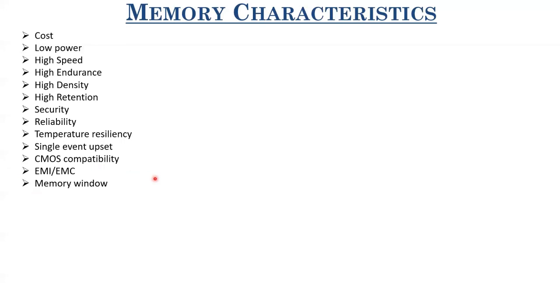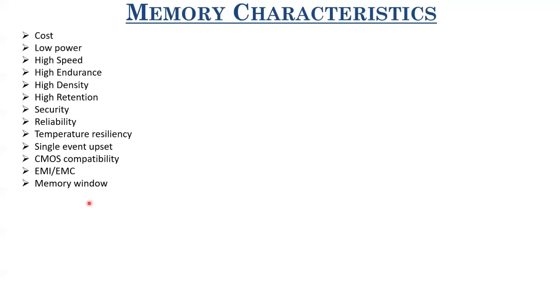Then memory window. The difference between storage of logic state 1 and logic state 0 should be very wide. Why should it be wide? Because if it is not wide, you have to make complex peripheral circuitries with high sensitivity in order to measure that. Typically, what we want is that the memory array should be denser and cover the entire area of the chip.